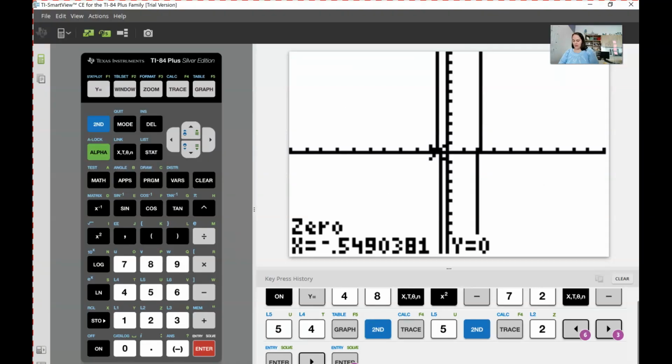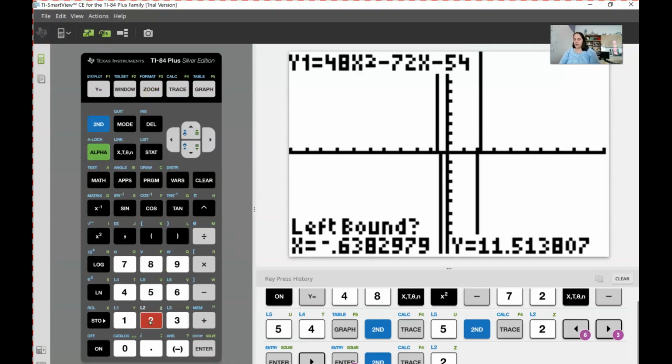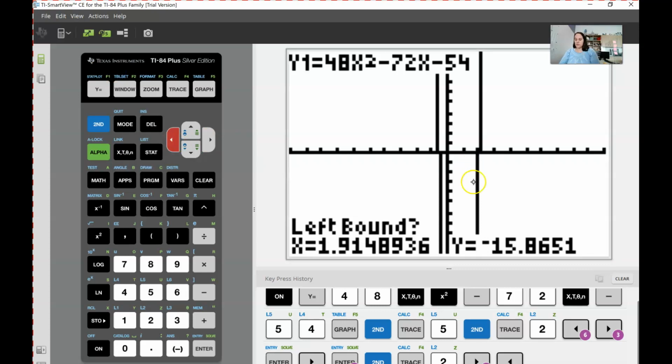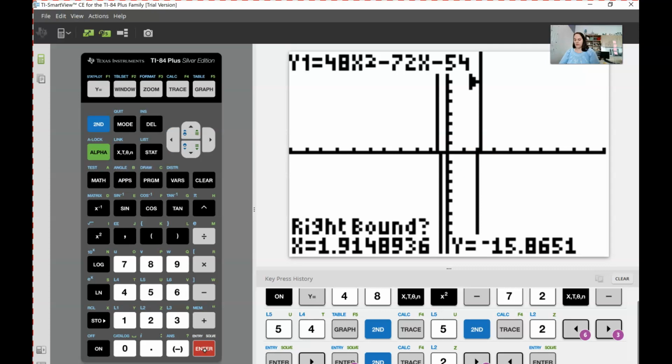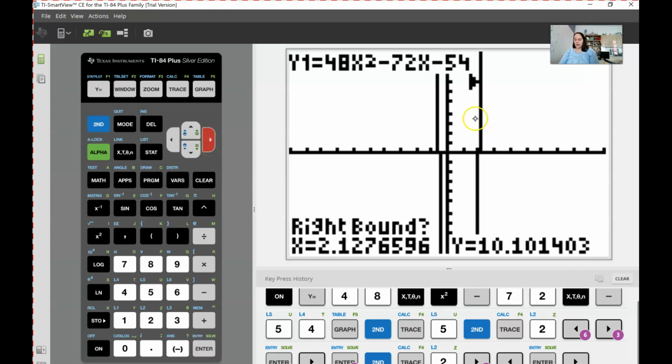And then our second one, we can do second trace 0 again. There we go. And our left bound for this one is going to be negative, so I just want y negative, enter. And then our right bound is where y would be positive, so I want y positive, enter.